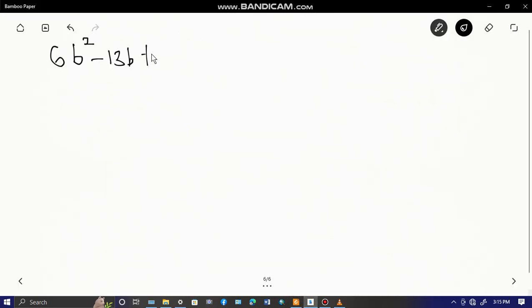To factorize this expression, we first multiply the first term and the last term. 6b squared times 6 gives 36b squared. And now we look for the factors of 36.